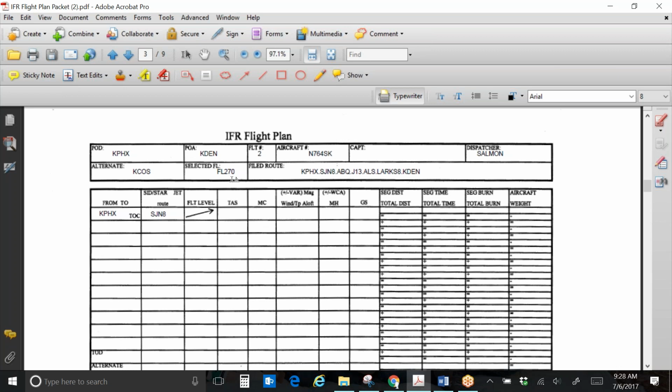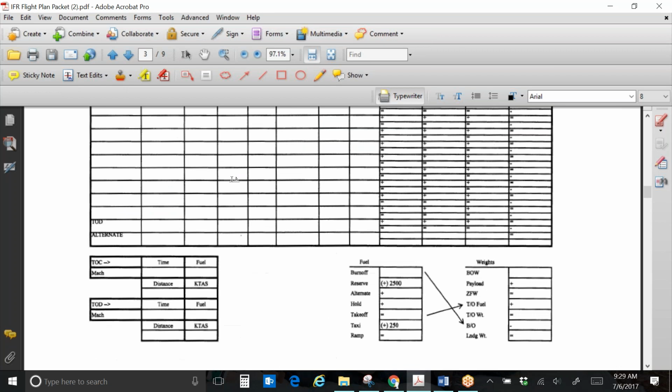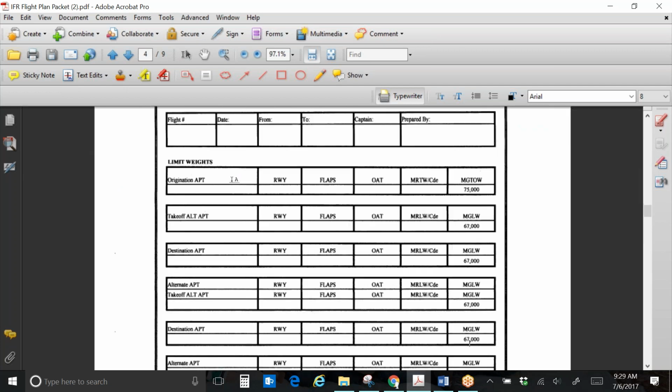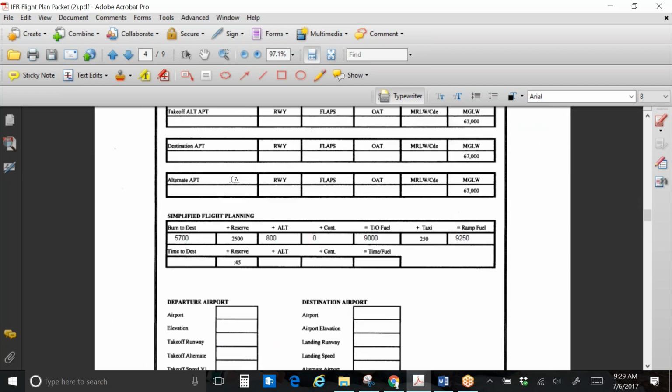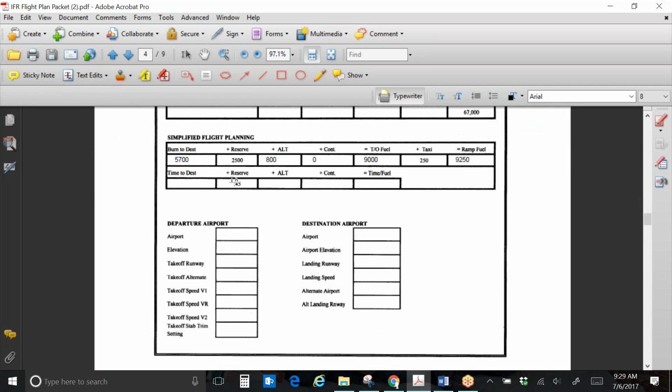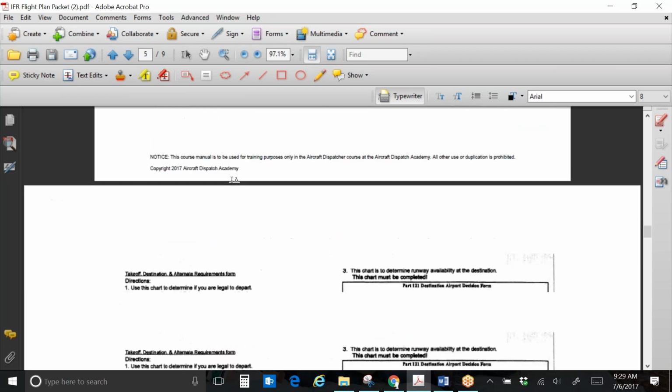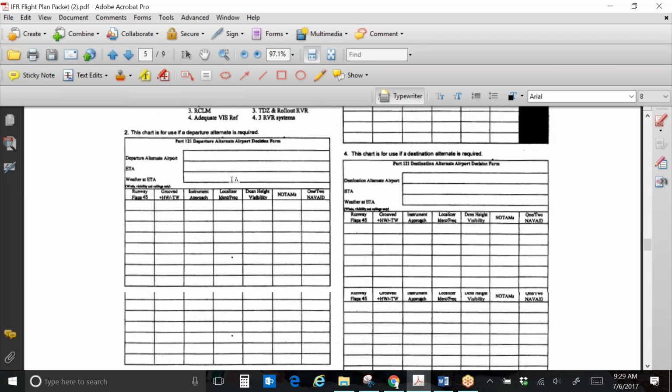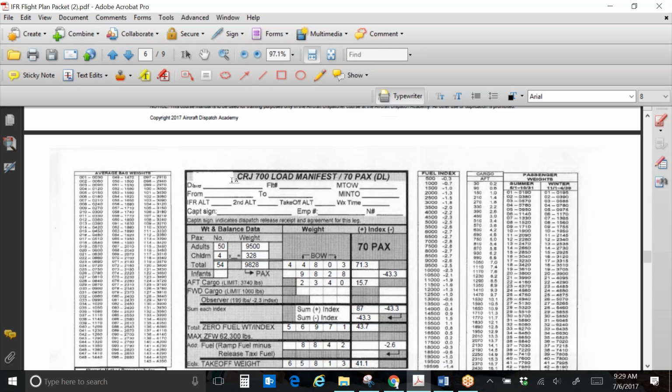Just a few other numbers to throw out there at you. Let's see, on my initial fuel, I'm just going to go down to my weight and balance.